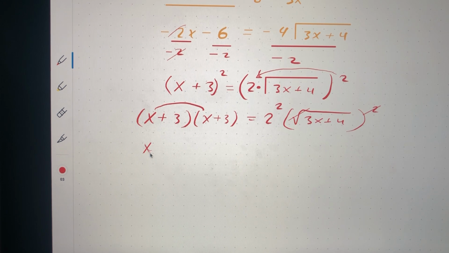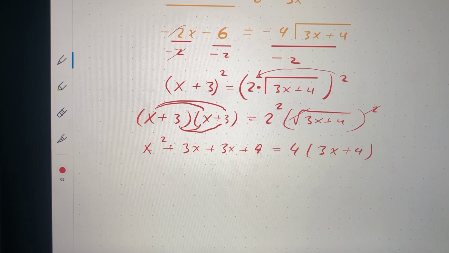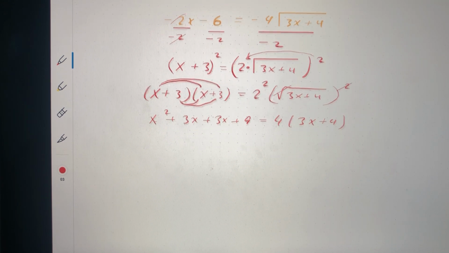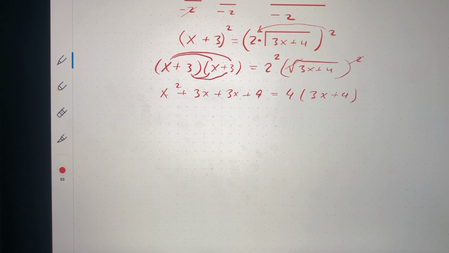x times x is x squared, x times 3 is 3x, another 3x, and then the 9. On the right we have 4 times 3x plus 4. So at this point we no longer have any square roots. What's left to do is to simplify and move everything to one side.